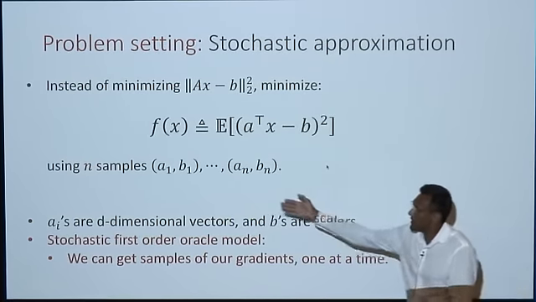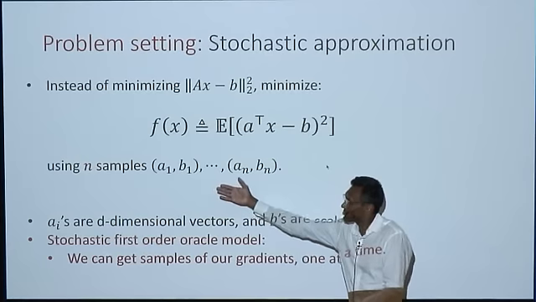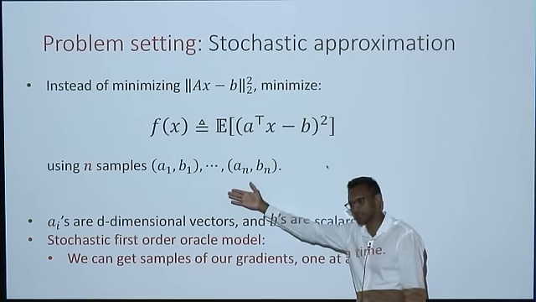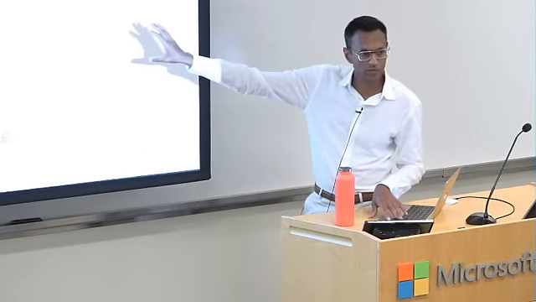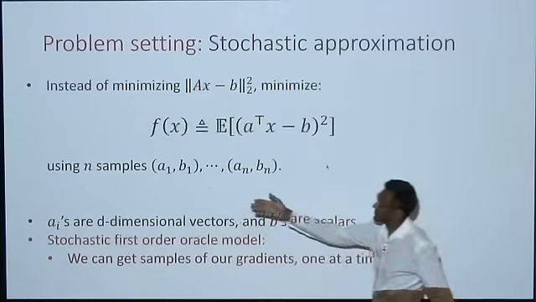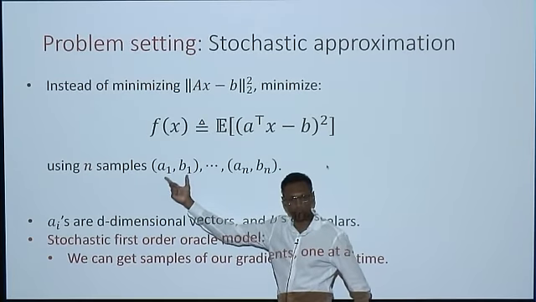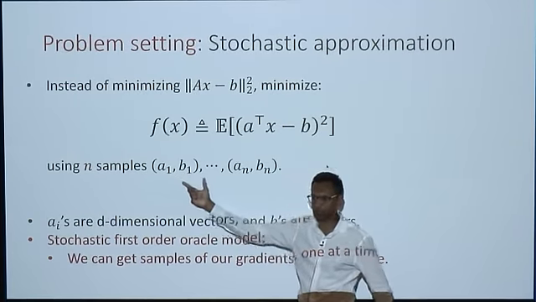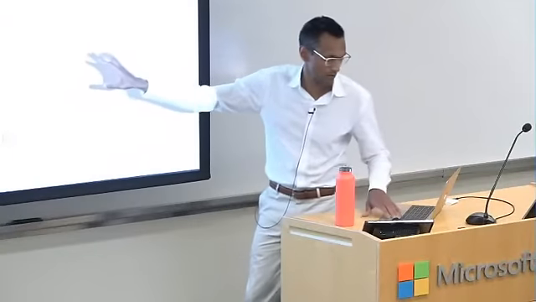But on the other hand, since it's noisy, there's only a certain amount of accuracy that's justified by our data. This is the problem we want to solve, and we're in an oracle model where we can get these a, b pairs sampled randomly from the underlying distribution. So, questions about the setting?